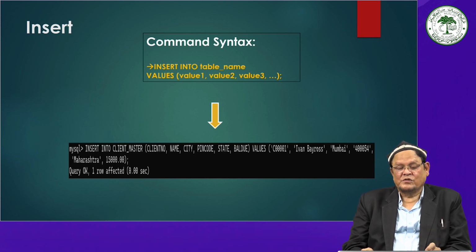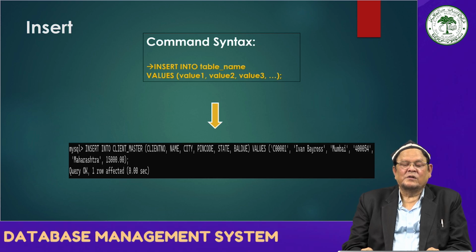Then you write values within parentheses. See C001, Evan Bros, Mumbai, comma, 400054, comma, Maharashtra and 15,000. Then the bracket will be closed and then a semicolon. Then when you press enter, it will look like this: query OK, 1 row affected. It means the query has executed properly.